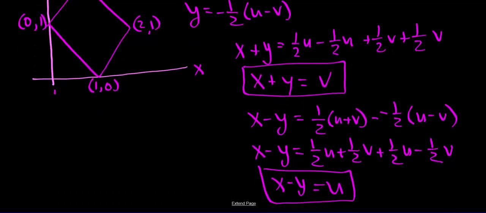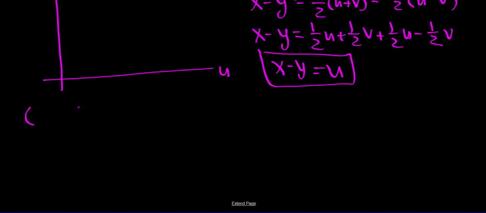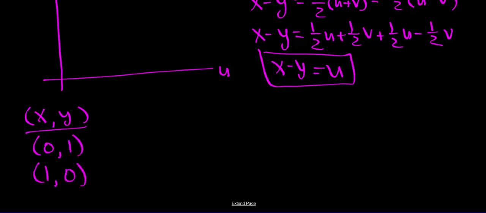Over here I've got the uv axis, and I've got some points: 0, 1; 1, 0; 2, 1; and 1, 2. Are these my points?